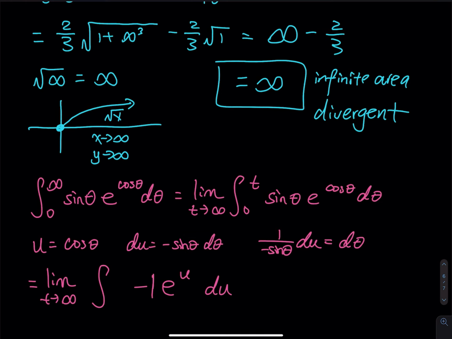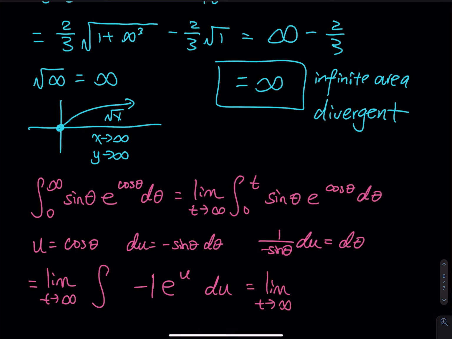Oh, we are doing du, right? Okay, we don't put the u back to cosine. We just do the integration right now. So we have limit as t approaches infinity. The integral of e to the u is e to the u. So we have negative 1 e to the u, such that theta goes from 0 to t.